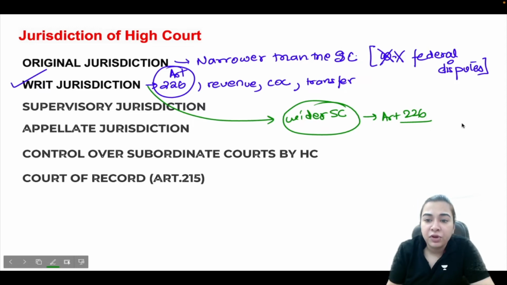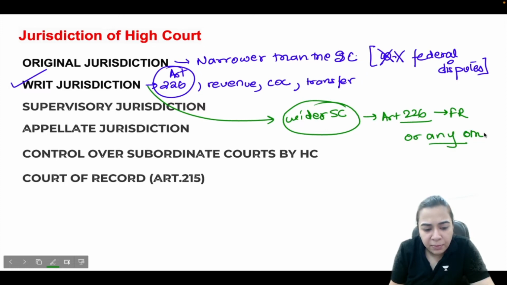This is for the enforcement of fundamental rights or any other purpose, so other than fundamental rights, you can talk about an ordinary legal right, anything at all. See, the writ jurisdiction of the High Court under Article 226 is not exclusive in nature. However, whoever has had their fundamental rights violated, abridged or contravened can directly go to the High Court without going to any other court, right?